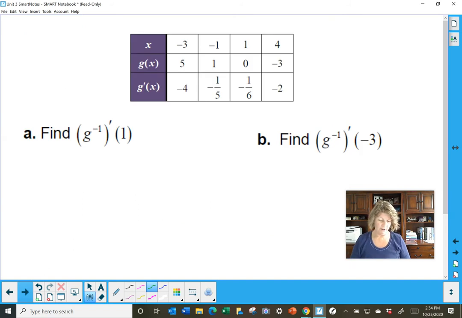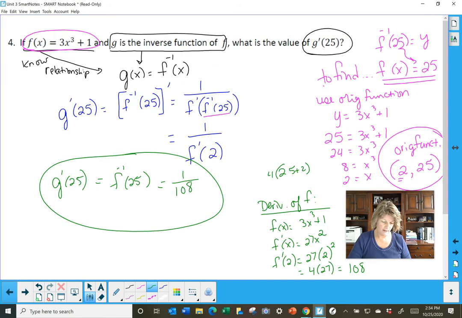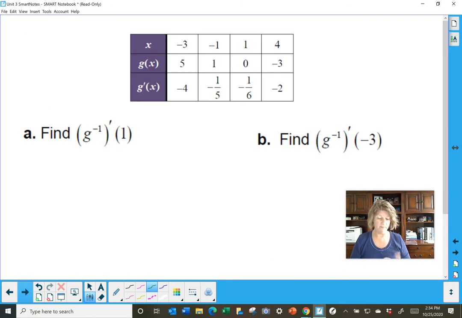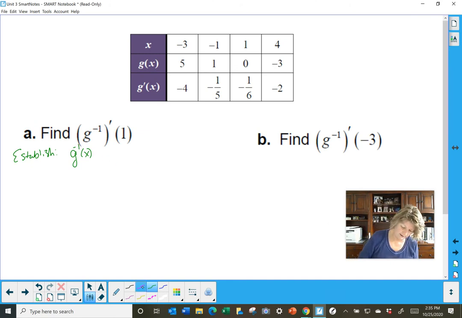All right, now using the chart here. G inverse of x, oh, maybe I don't have to establish anything. G inverse is the inverse of G. Let's just get to it then.